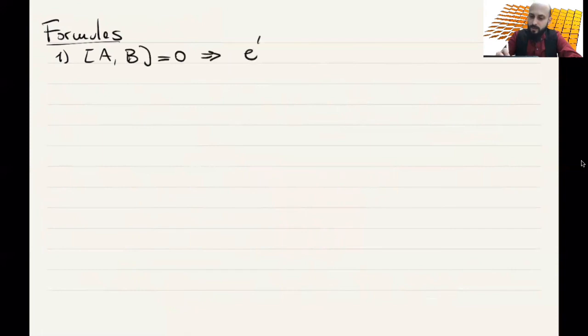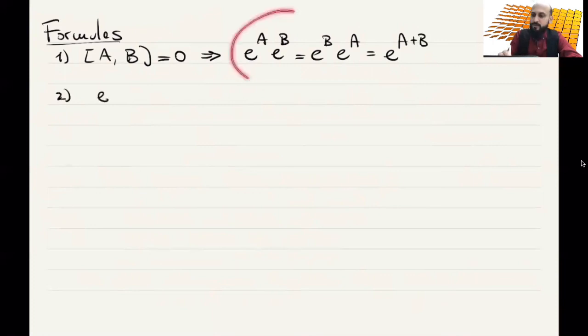Let me write down some formulas that are important for the matrix exponential, but we will see that they actually have generalizations. So if two matrices commute, then the exponentials commute, and actually their product is equal to e to the a plus b. And from this you also see that if I put b equal to minus a, then I get the inverse.